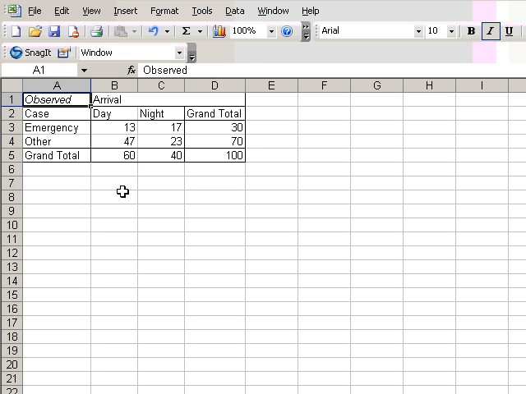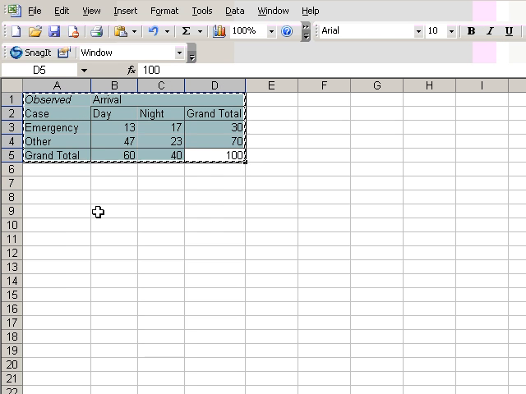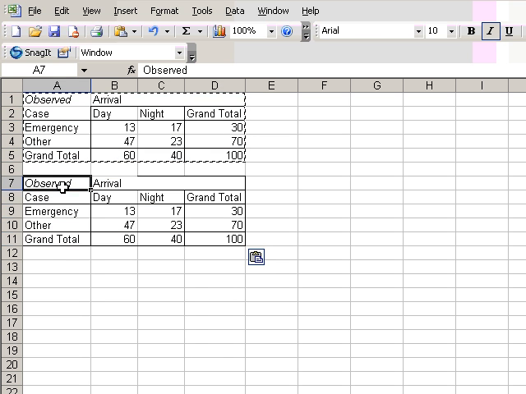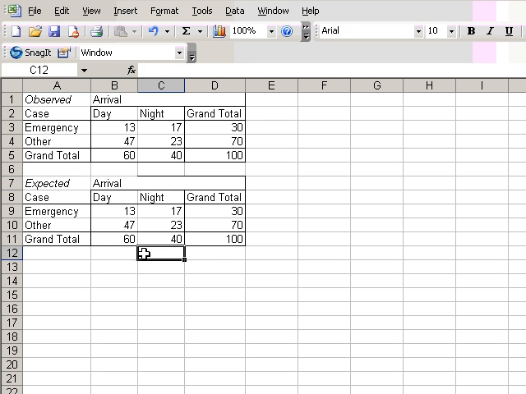In order to calculate a chi-square, the formula in 8.1 on page 258 says that we need the observed data and the expected data. In order to get the expected data, I'm going to copy the observed data and paste it here and change this to expected, and then finally I'm going to calculate the expected values in the internal cells.